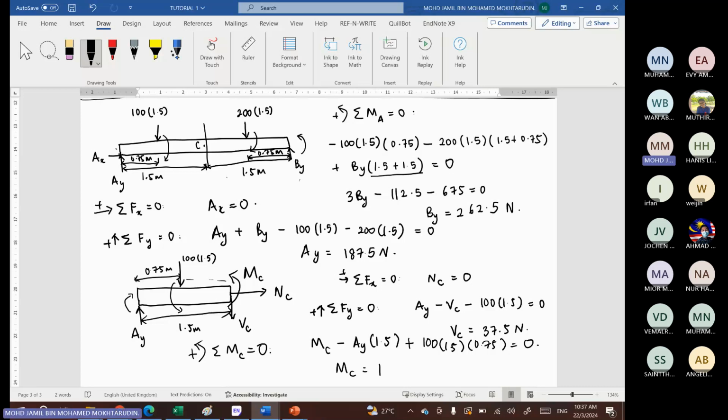Okay, so kita dapat 168.75 Newton meter, counterclockwise. Okay. Any question?